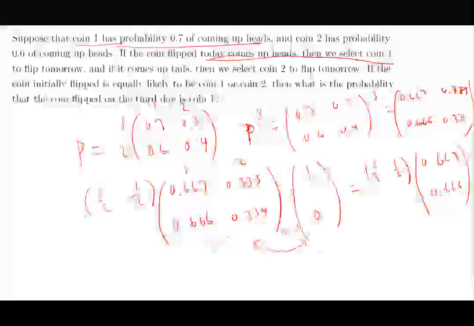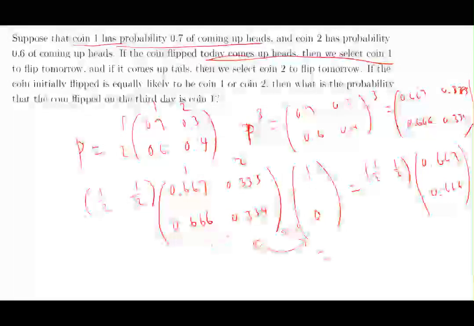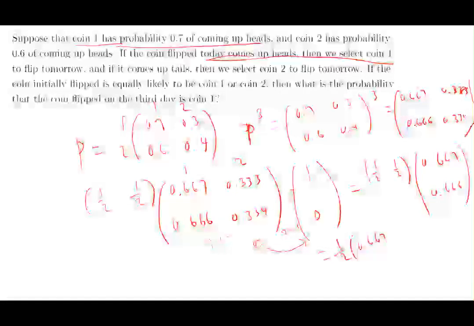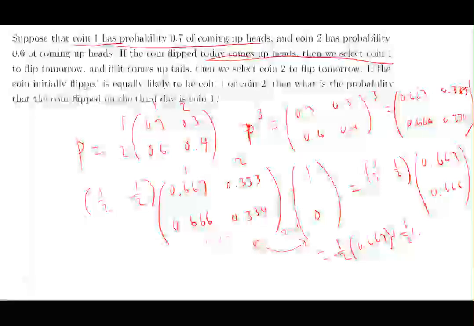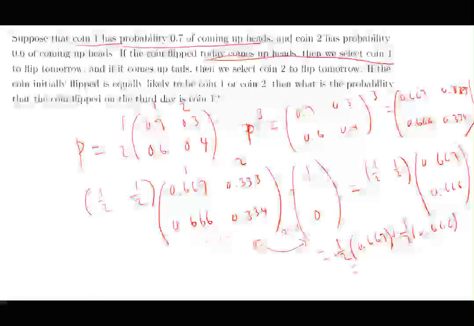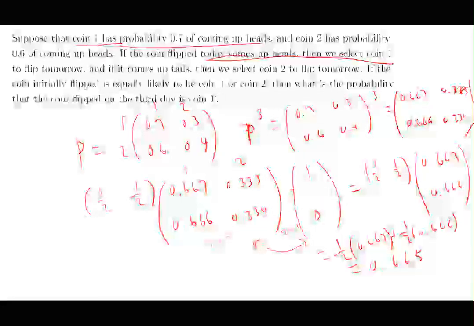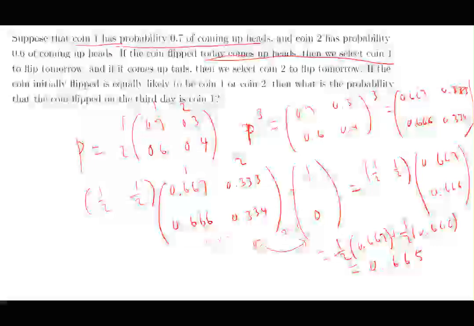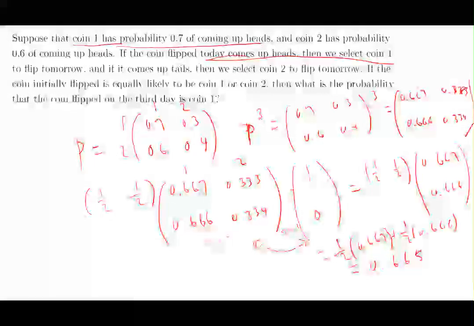Then it's 1/2 times 0.667 plus 1/2 times 0.666. So the whole thing becomes 0.665. That's the probability that the coin flipped on the third day is coin 1.